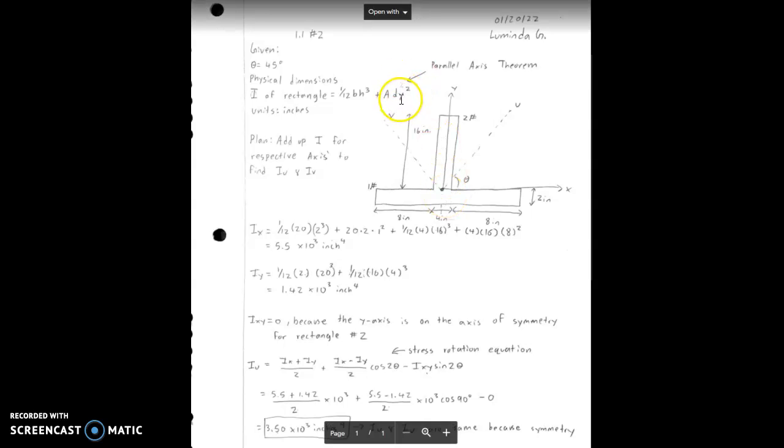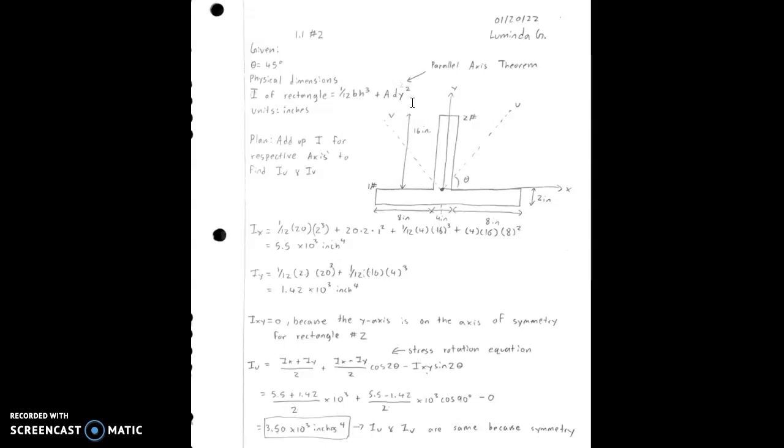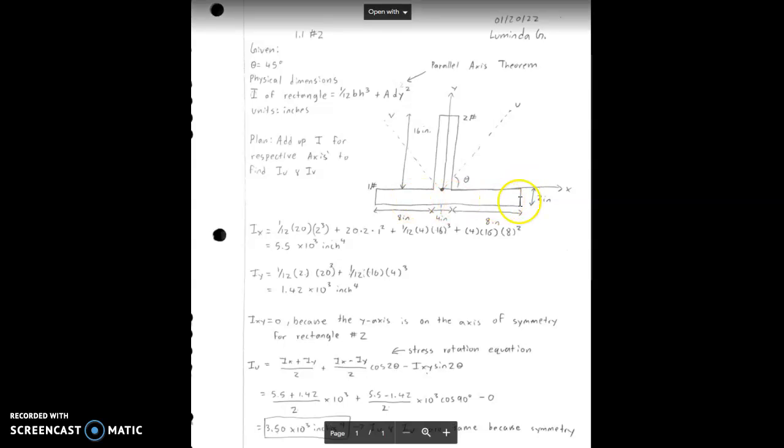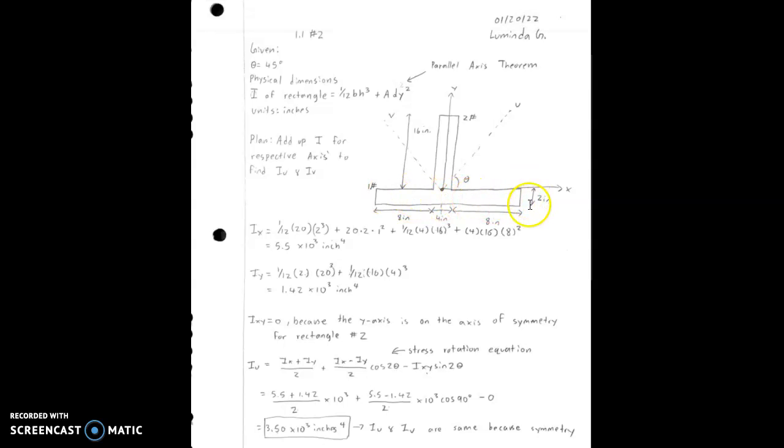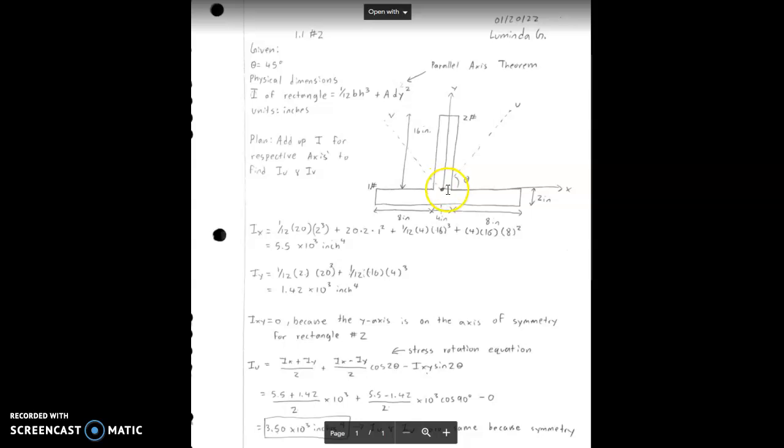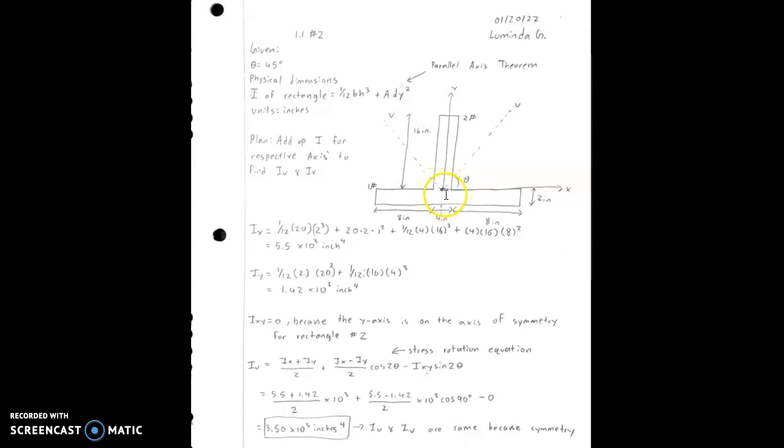So this should either be dy squared or dx squared. But anyways, from here you can see that the whole height of this bottom rectangle is 2 inches, and from the x-axis, the center of this rectangle is 1 inch away. So that's what we plugged in here.